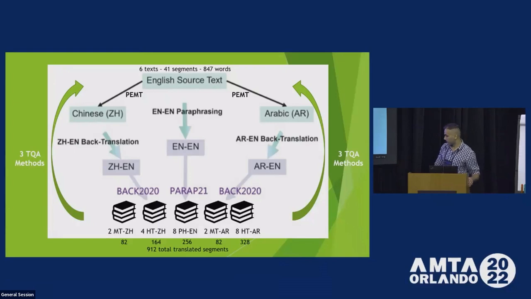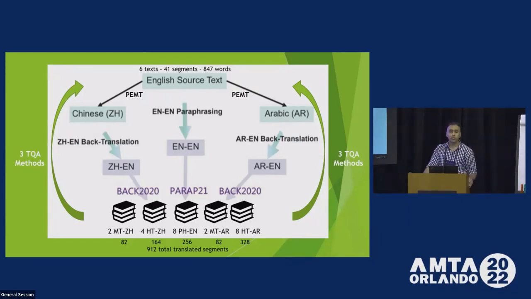So as you can see here, this is one, this is two. And then we also had four Chinese translators whose native language is Chinese and second language is English, and 8 Arabic translators whose native language is Arabic and second language is English, translating back from the pivot languages into English, and we call this from scratch human back translation. So there wasn't a machine involved.